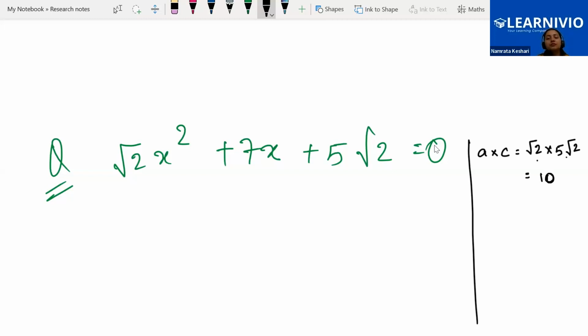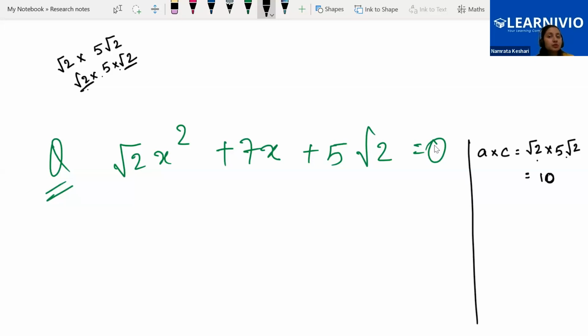Okay, if it is not clear, let me show you. 5 root 2 means 5 into root 2. If you multiply root 2 with this one, that means root 2 into 5 into root 2. Root 2 into root 2 is only 2.